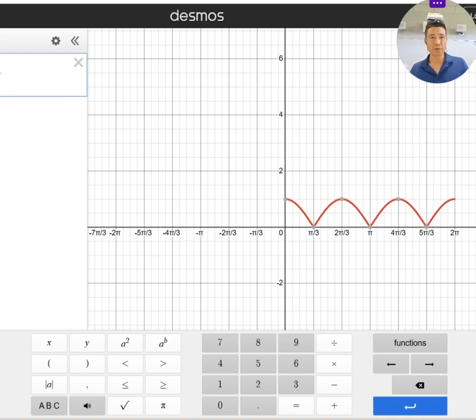So if you draw, that's the absolute value of cosine 3x over 2, but without absolute value, you have this, right? You will find out the period of cosine 3 theta over 2 is 4π over 3, isn't it?